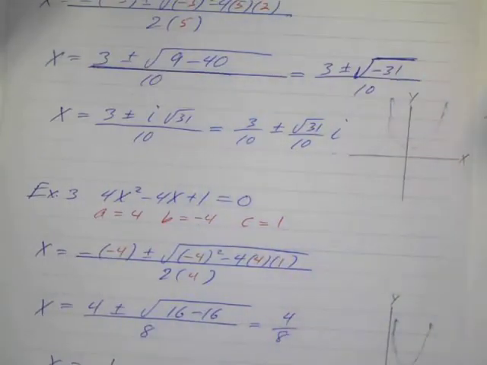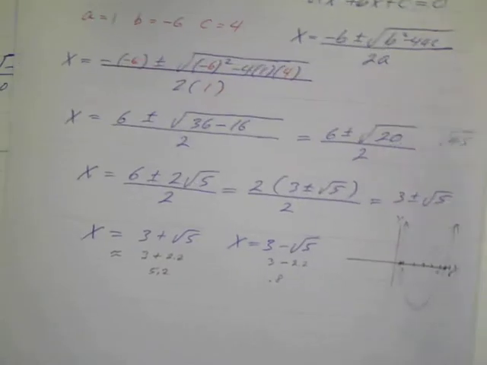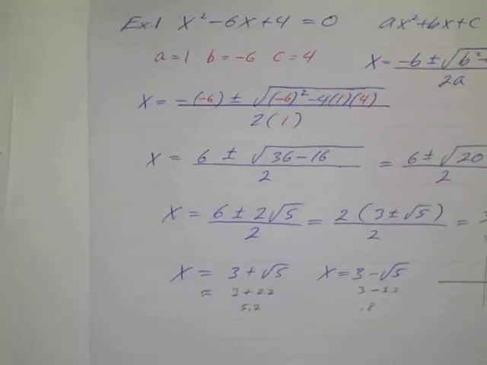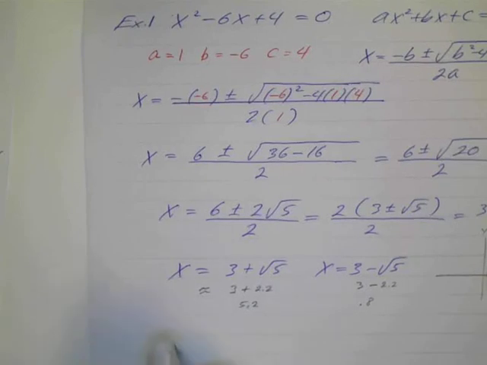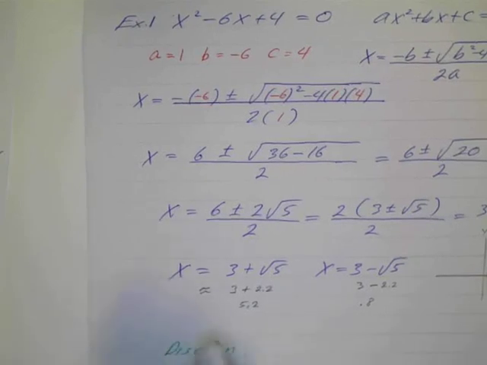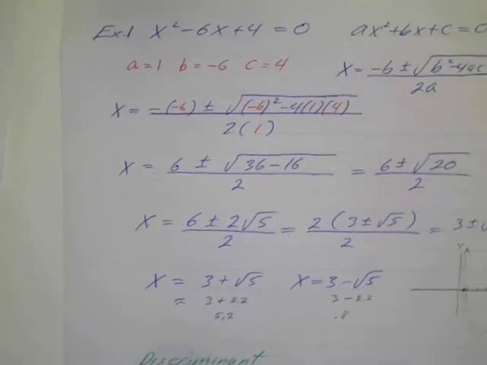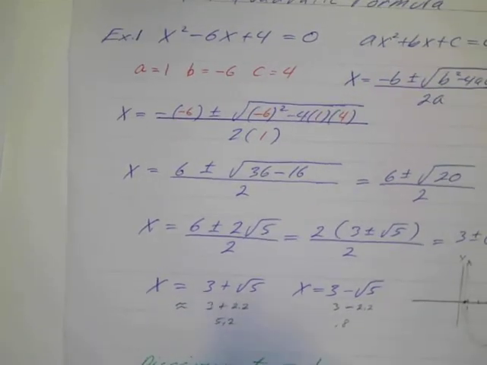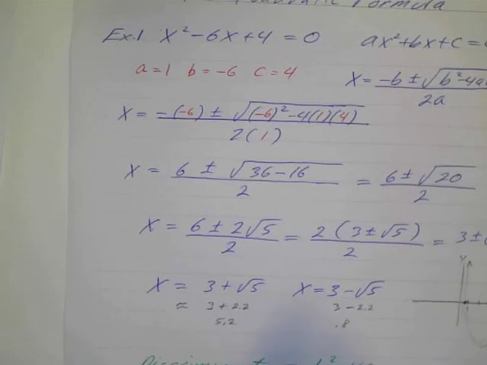So that leads us to the concept of the discriminant. I guess I can write that over here. The discriminant is just the part that's under the radical, and that's b squared minus 4ac.